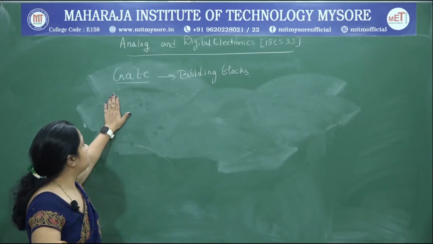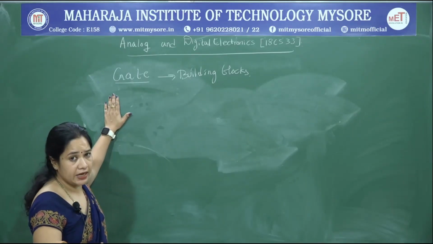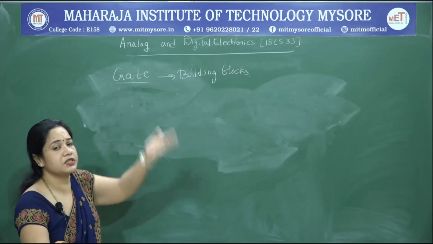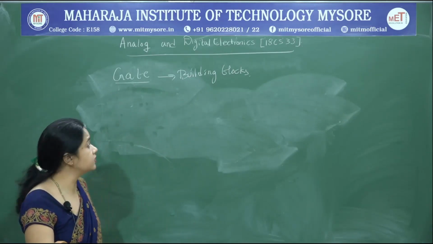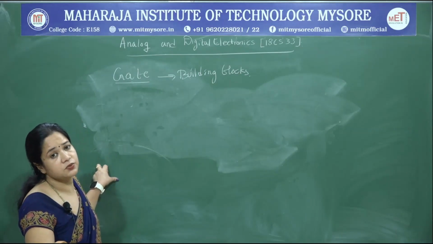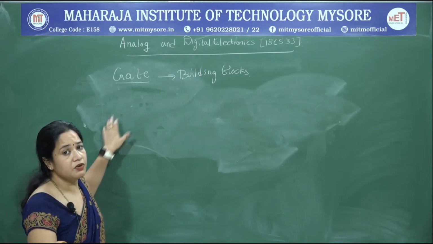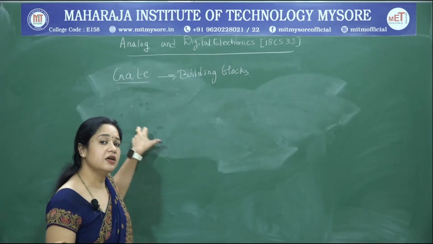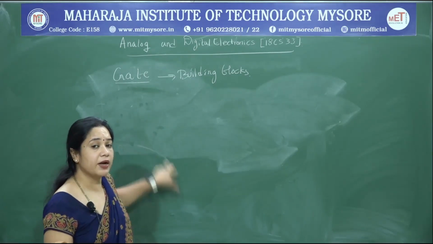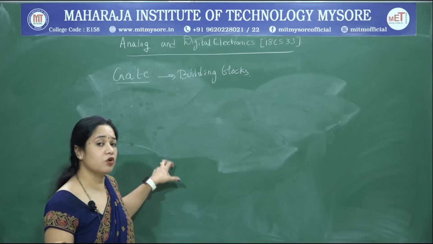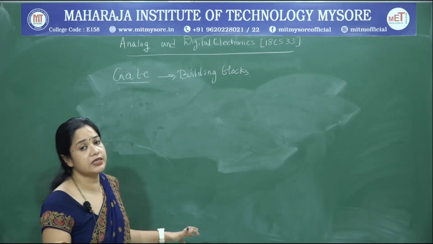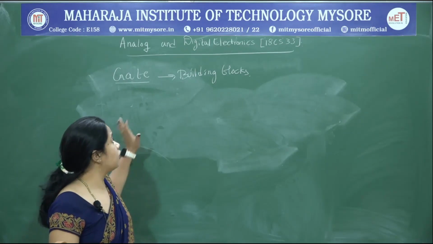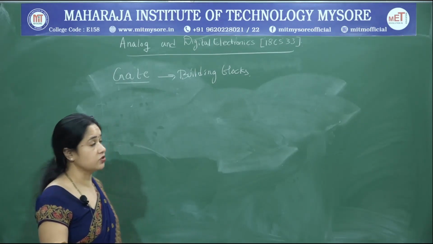We have 3 basic gates on which we design our logic design circuits. Along with these basic gates, we have universal gates. We will study what the basic gates are, what the universal gates are, why they are called universal gates, and what the other gates are which form the fundamentals of digital electronics.